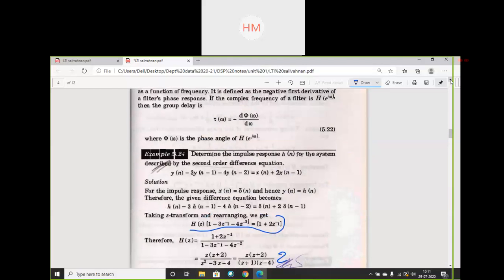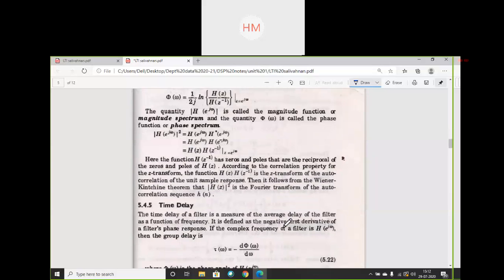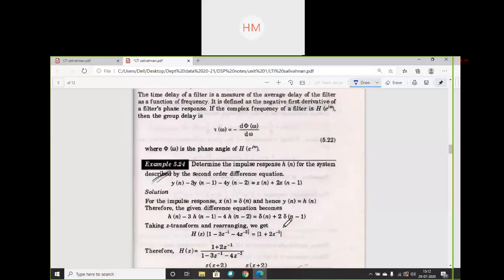Phase is given by... Okay, we will find out phase for the next numerical. Here we have just asked with the impulse response. So impulse response is h of n equation and h of z is this. So this simplifies your numerical. Now we will simplify next numerical.